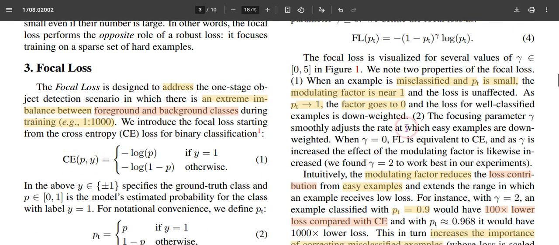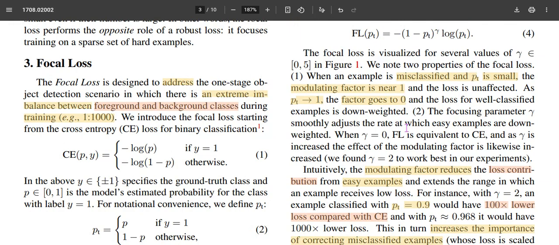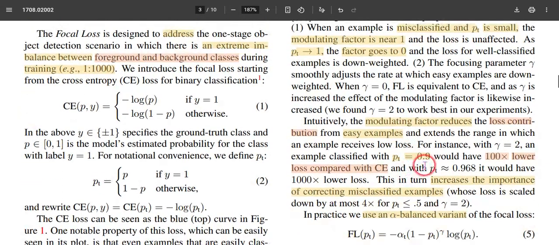But if it is not well classified, for example pt is around 0.1, the loss would be blown up about 100 times relative to it, so it will have a significant loss. This is exaggerated for hard examples, so that a small number of hard examples contribute well to the total loss compared to the large number of well classified examples. That's a very simple idea.